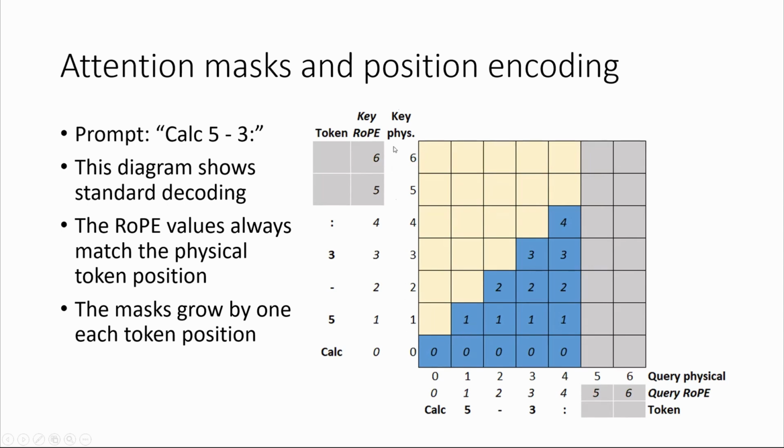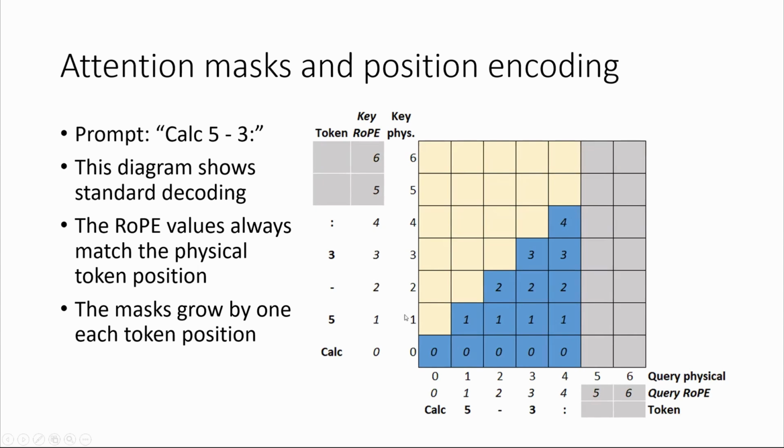And in the rows here, I have the different keys, and it's the exact same tokens, right? This is self-attention, so it has to be calc 5 minus 3 colon. It's the exact same thing as here. I just repeated it so you don't have to mentally remember what's the second token, what's the third token. You can just literally see them here. They're not actually copied in some two-dimensional way.